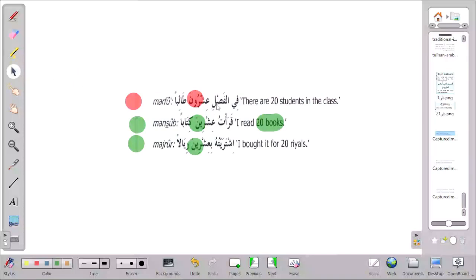It's not only ishruna. Whenever you have salasuna, arbauna, khamsuna, sittuna, sab'una, thamanuna, tis'una, they all follow the same rule. Let's say thamanun, 80. But when it is mansub, it will be thamanin, or when it is majrur, it will also be thamanin. I hope that is clear.